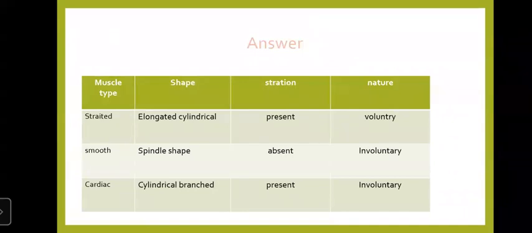The first one is the striated muscle, which has an elongated cylindrical shape. Cardiac muscles are present in the heart, and it is also involuntary in nature. You can take a screenshot of this so that you can learn these answers, or it is also given in your textbook.